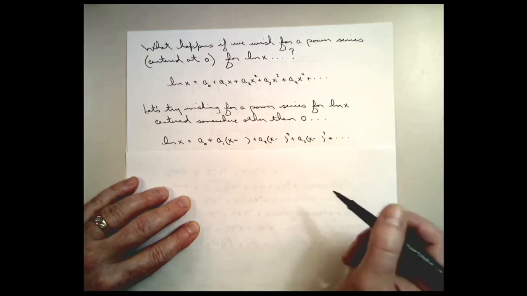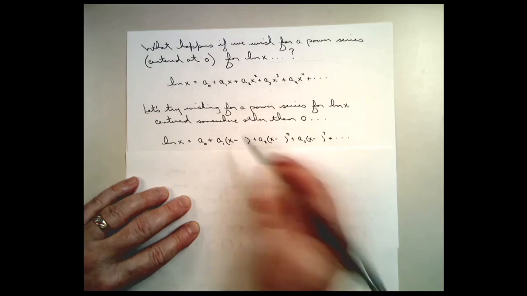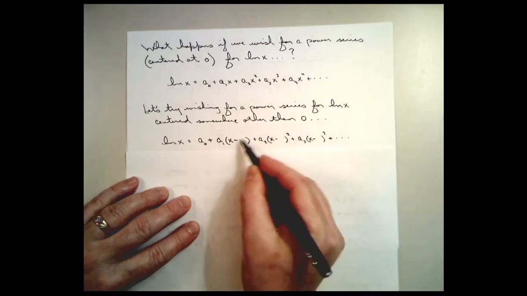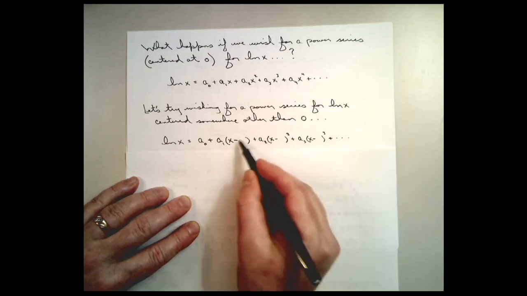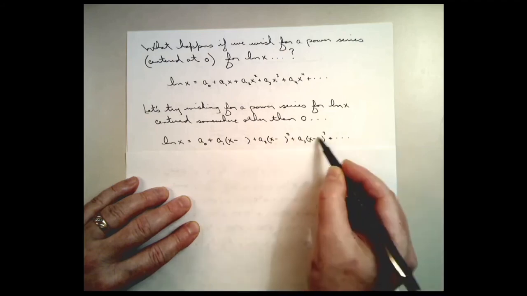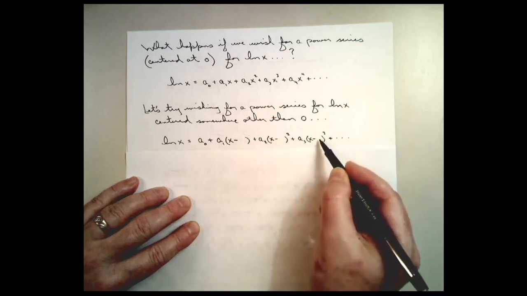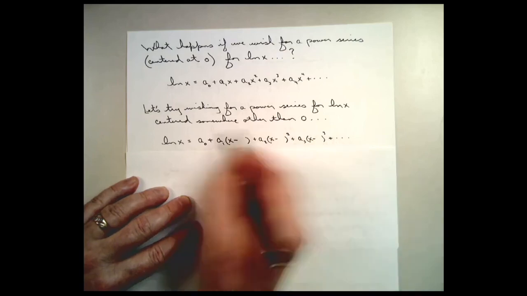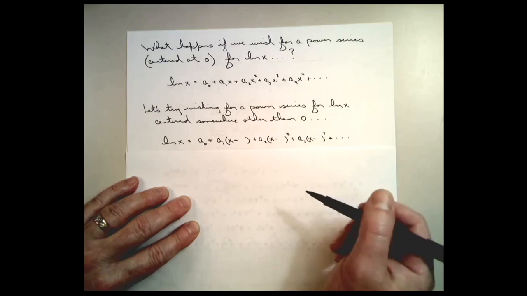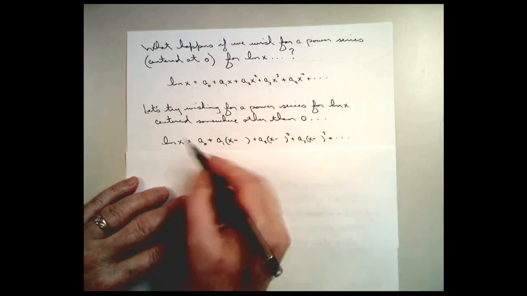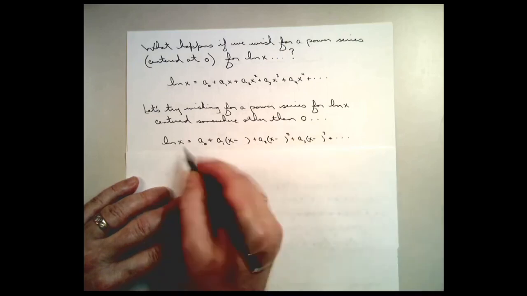I haven't indicated here yet what that might be. If I wanted x to be 2, for example, then I'm going to have a power series centered at 2, right? Because whenever x is 2, everything's going to collapse, right? The right side's going to collapse down to a sub 0.